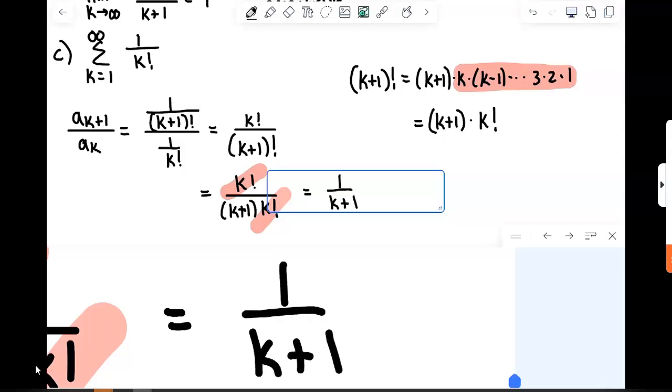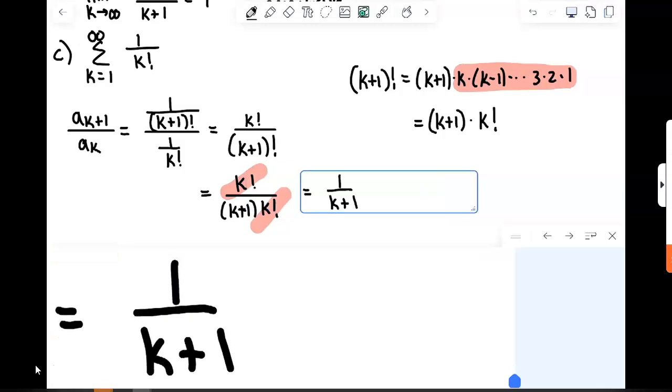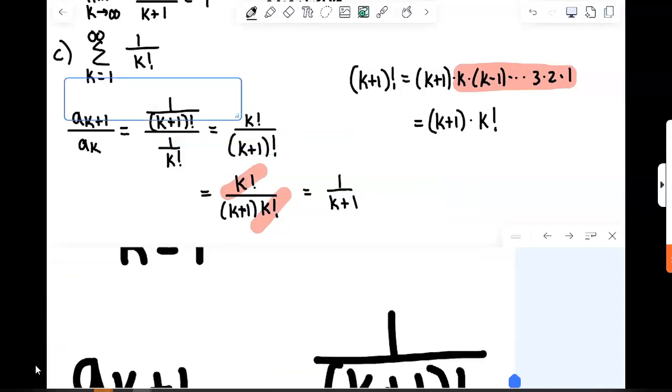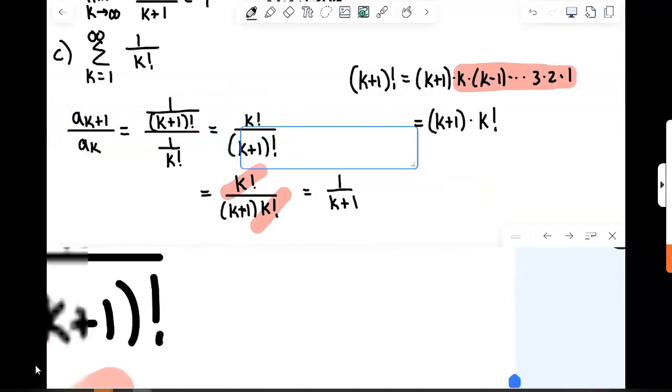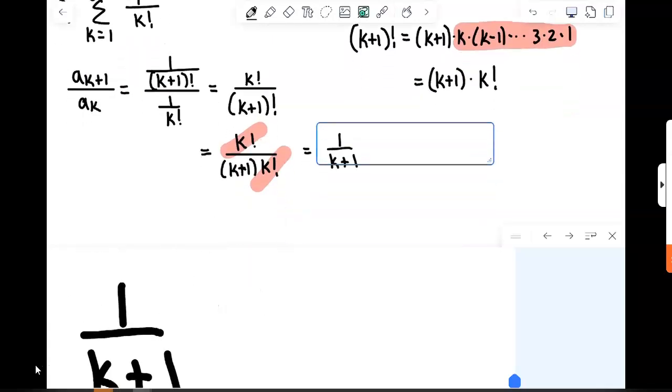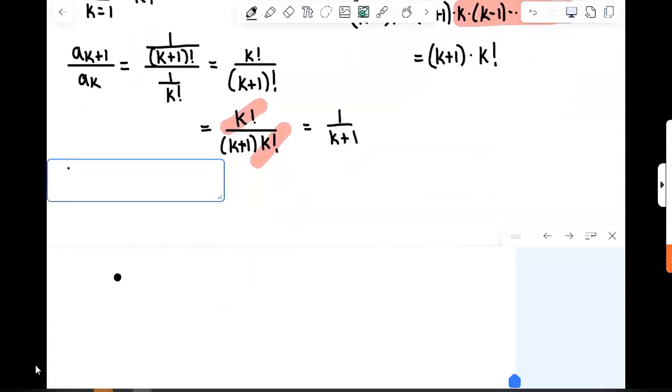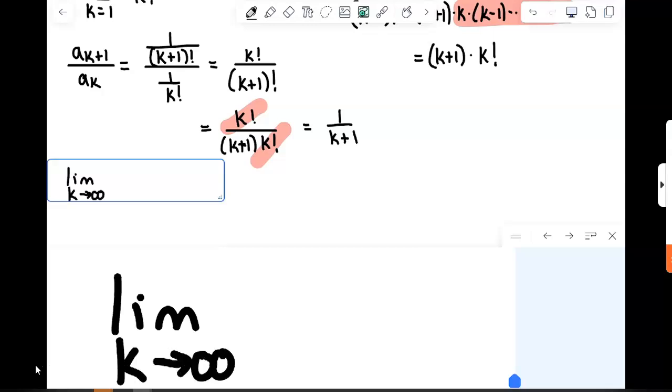And so now we're ready to talk about the convergence, because now we have our expression a_(k+1) over a_k. So now we're ready to take the limit of that as k goes to infinity. Limit as k goes to infinity of 1 over (k plus 1).